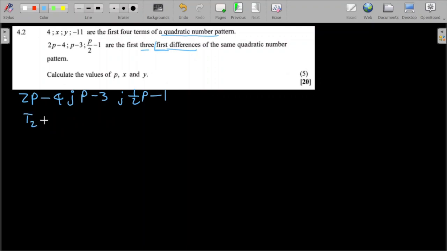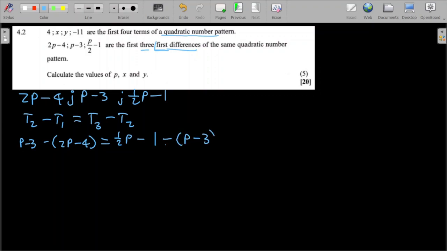So I know here that T2 minus T1 is going to be T3 minus T2. Since this is a quadratic, the first difference is going to be a linear, arithmetic pattern. So T2 minus T1 is 2p minus 4 minus (p minus 3), which equals T3, 1 over 2p minus 1, minus (2p minus 4).